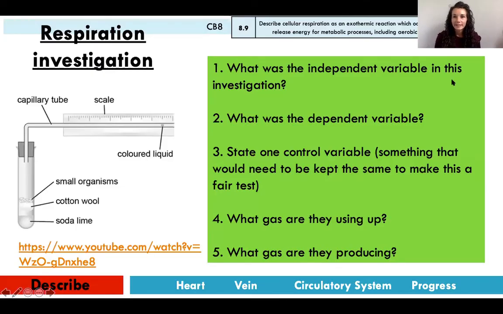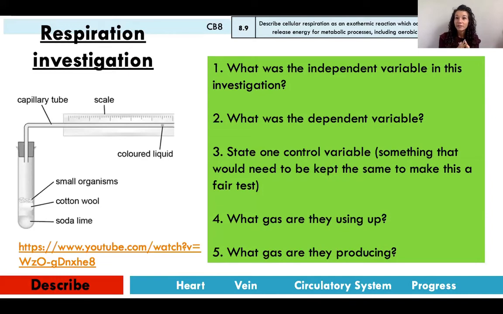Okay, so you could see there the teacher demonstrating how to carry out this investigation. So I've got a few questions here for you, which I'd like you to have a read through and then have a go at answering them over the next couple of minutes. All right, so what was the independent variable in the investigation? Remember, the independent variable is the thing that you are changing, or the thing that you have changed.